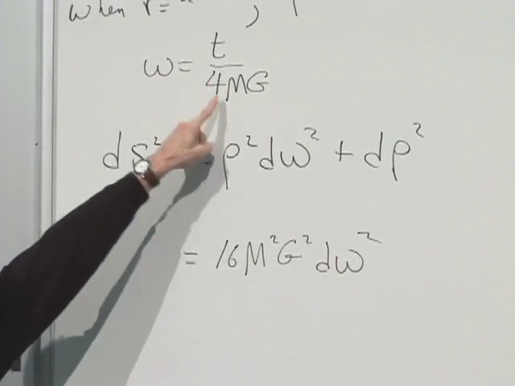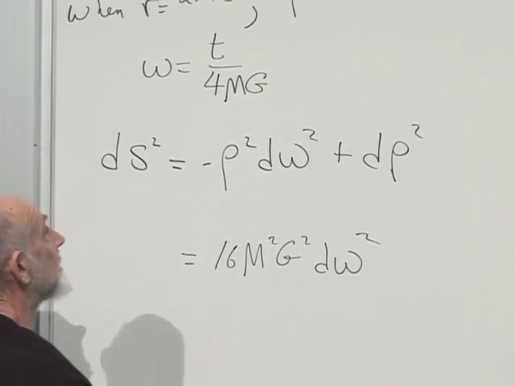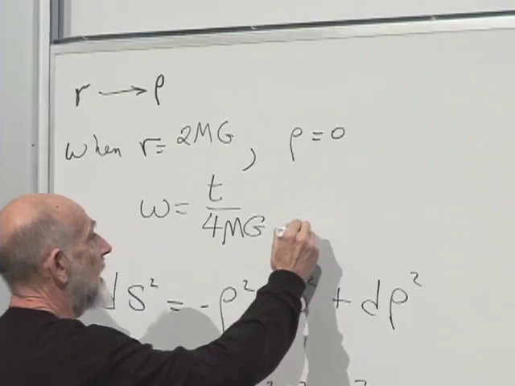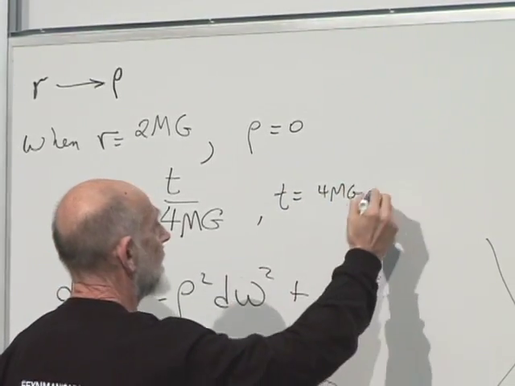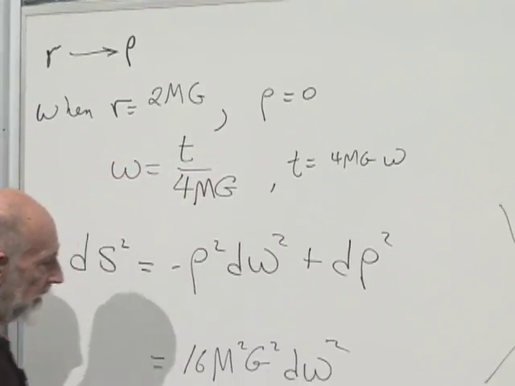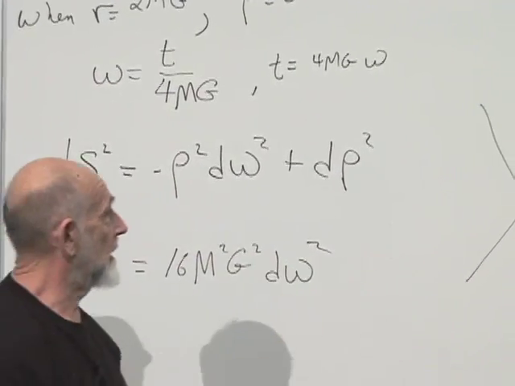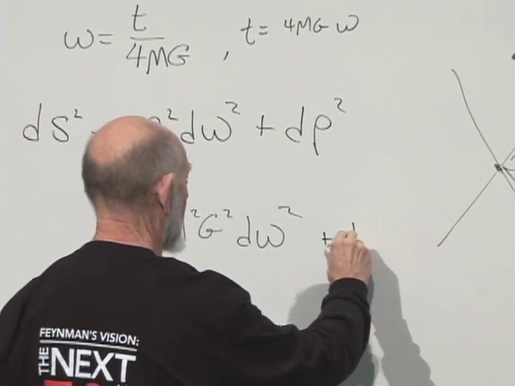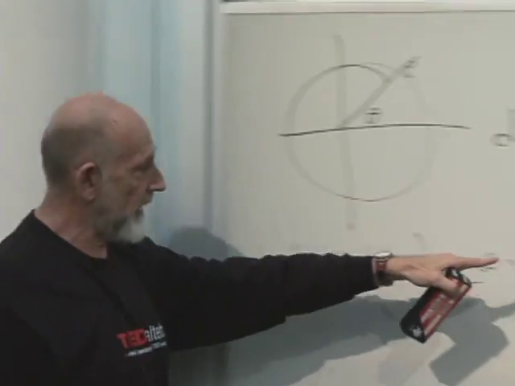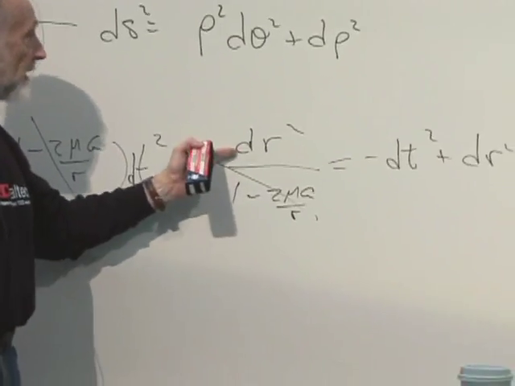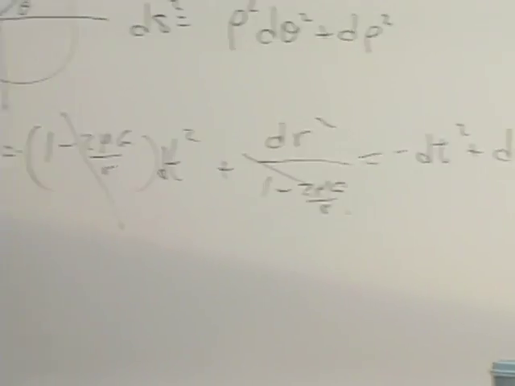What I've done here is just multiplied by 4mg, so that t is equal to 4mg times omega. That's this piece here. And then the other piece is just plus d rho squared. The d rho squared is just this over here, making use of the fact that rho and r are the same thing far from the black hole.